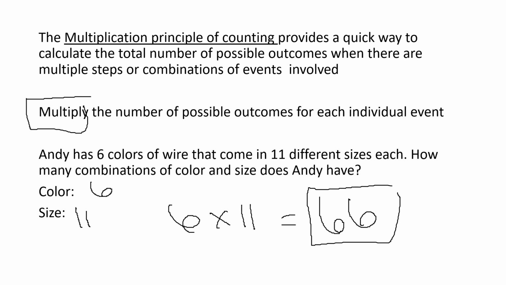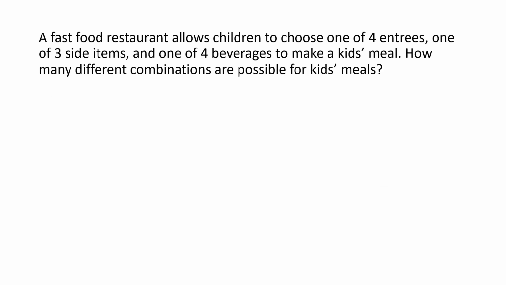Let's do another one. All right, let's look at this one. A fast food restaurant allows children to choose one of 4 entrees, one of 3 side items, and one of 4 beverages to make a kids' meal. How many different combinations are possible for kids' meals? So we have to figure out every item that we can choose from.